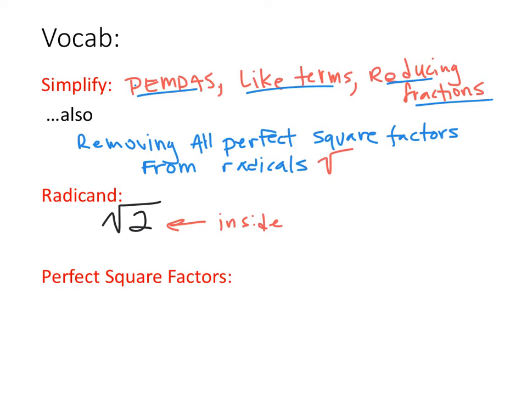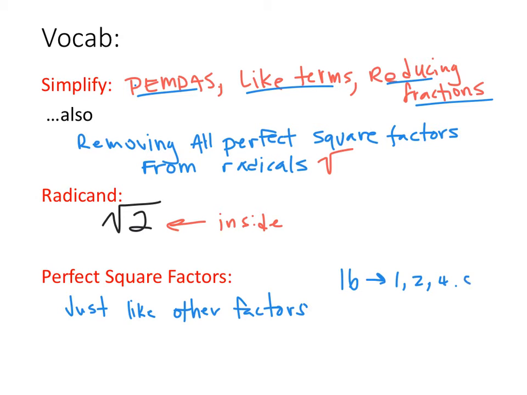Now perfect square factors are just like other factors that we've been using. For example, if I take the number 16, we can find factors of 16, but what we're looking for are the perfect squares involved with that. So 1, 2, 4, 8, and 16 are all the factors of 16, but we're looking for those perfect squares that we saw on that other page.